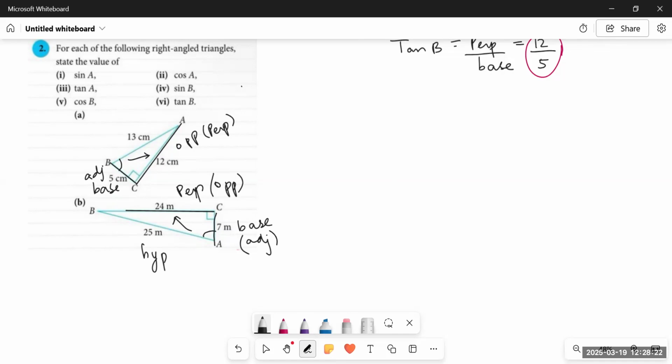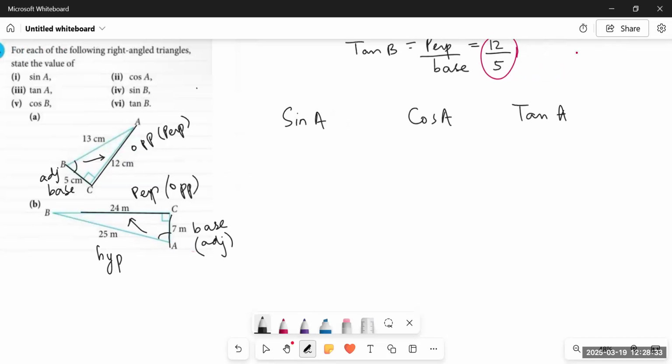Now, let us write down sine A, cos A, tan A. Okay. So sine A would be perpendicular upon hypotenuse. Cos A is equal to base upon hypotenuse, and tan is equal to perpendicular upon base. Okay, now write down their names.